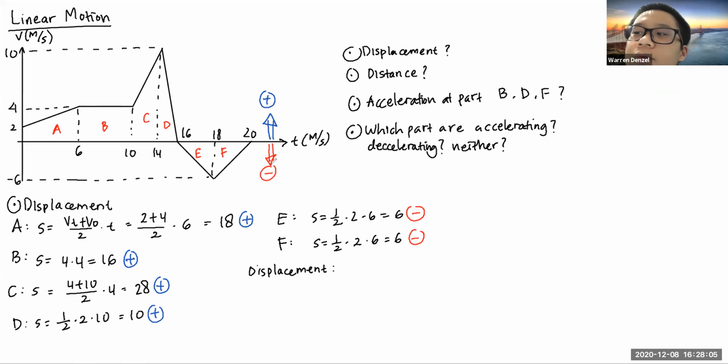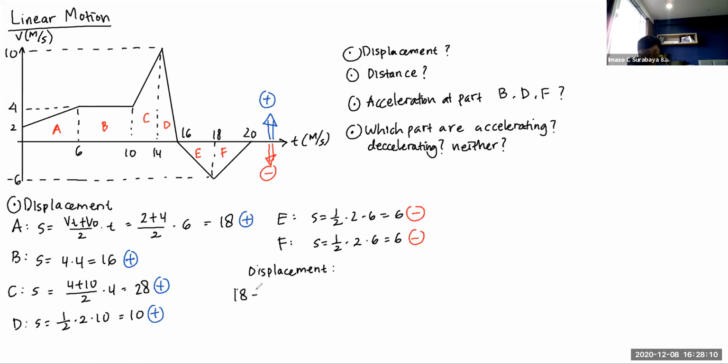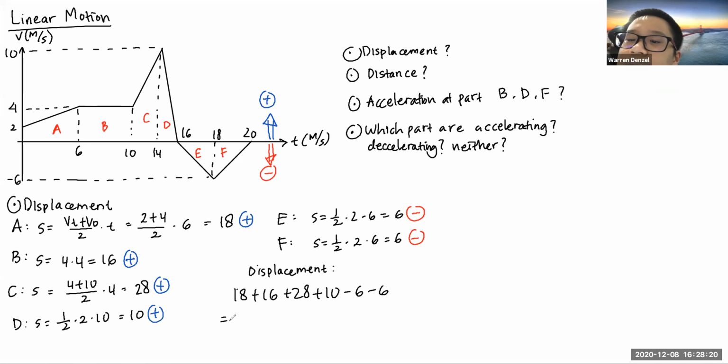So what do we get for displacement? 18 plus 16 plus 28 plus 10 minus 6 minus 6. So it's 60.